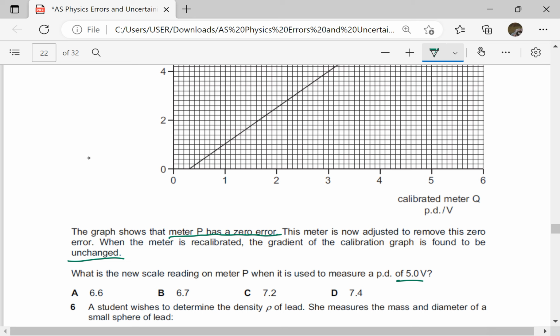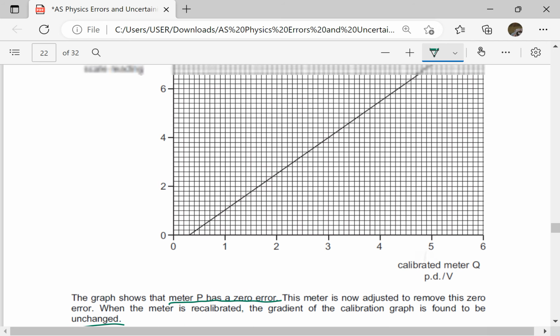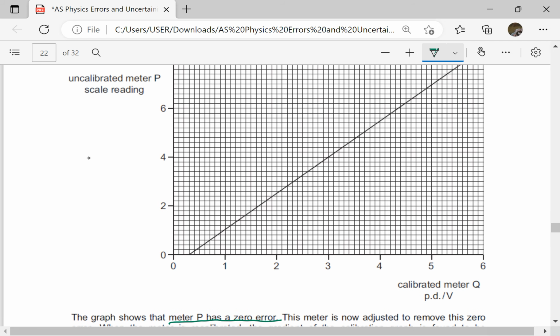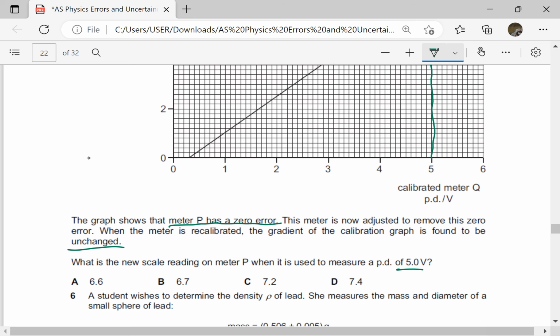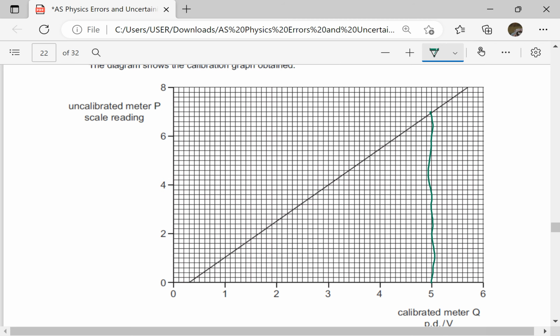So the graph shows the gradient does not change. So let's look for 5 volts. What is the new scale reading on meter P when it is used to measure a PD of 5 volts?